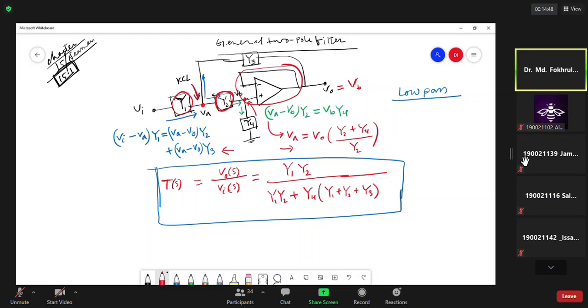So in order to design the low pass filter, we need to consider Y1, Y2 as conductance.